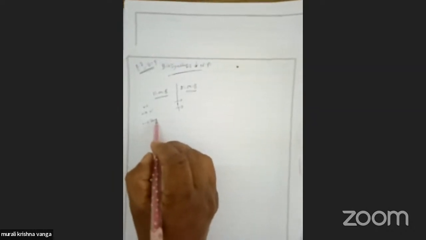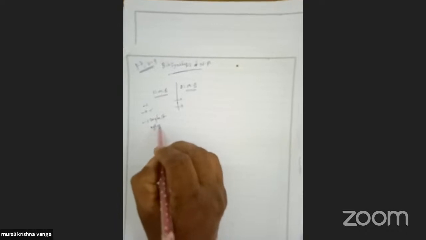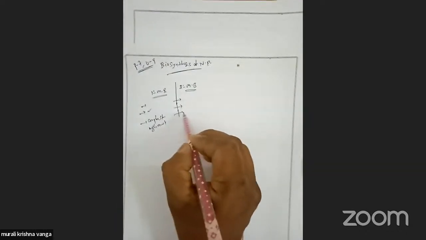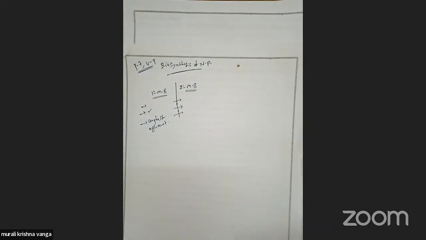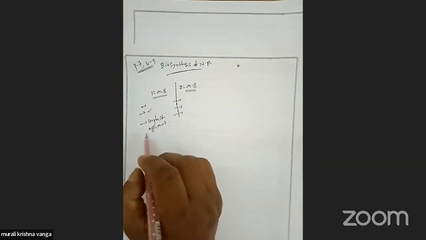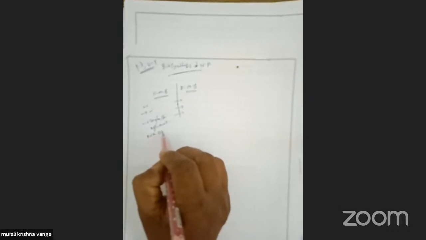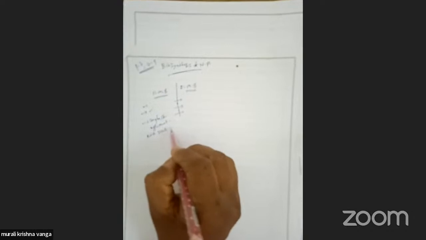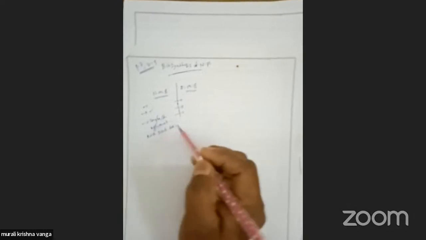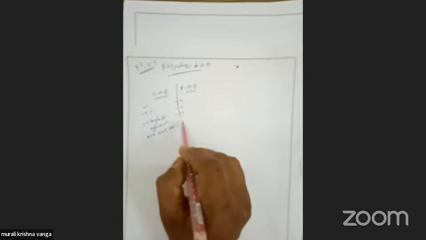They are simple structure and low molecular weight compounds. Secondary metabolites may or may not be essential for life process, may or may not be distributed in each and every cell, and are complex structure and high molecular weight compounds. Examples of primary metabolites are RNA, DNA, amino acids, and proteins.